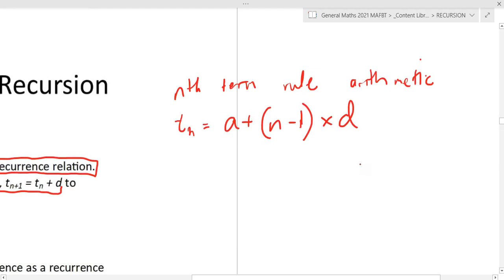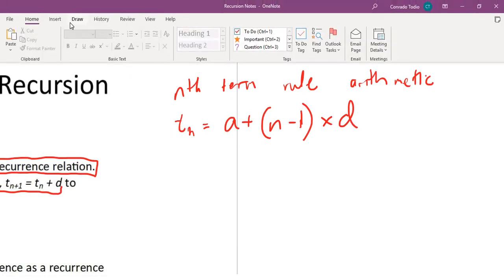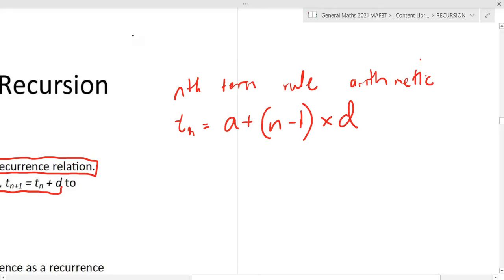Now, maybe I didn't explain it before, but the nth term rule, you can write here, is used to find any term. If you're looking for the 50th term, the 100th term, the 1,000,000th term, then we use the nth term rule for it.